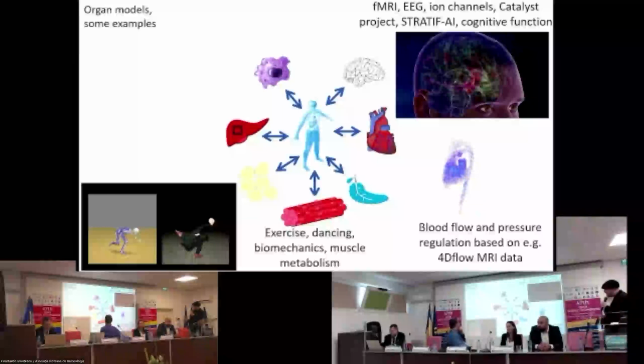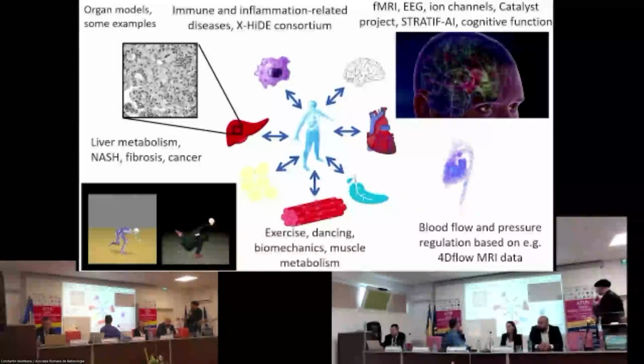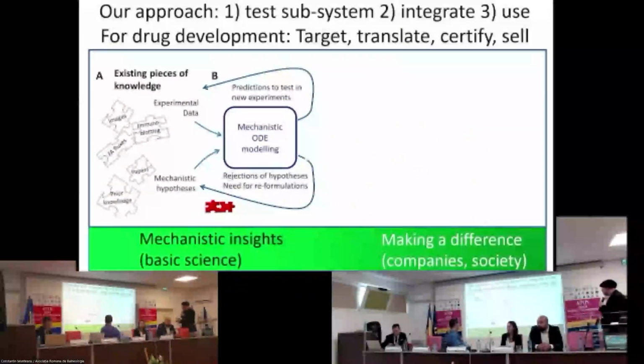You can click on these different muscles and see the forces and the impact on joints and so on. And if you do dietary interventions, you might want to look inside the liver and see, for instance, how a fat droplet is disappearing because of the changing metabolism in the liver in response to changing your diet. All of these are visualizations of underlying processes that are described in the computational models.